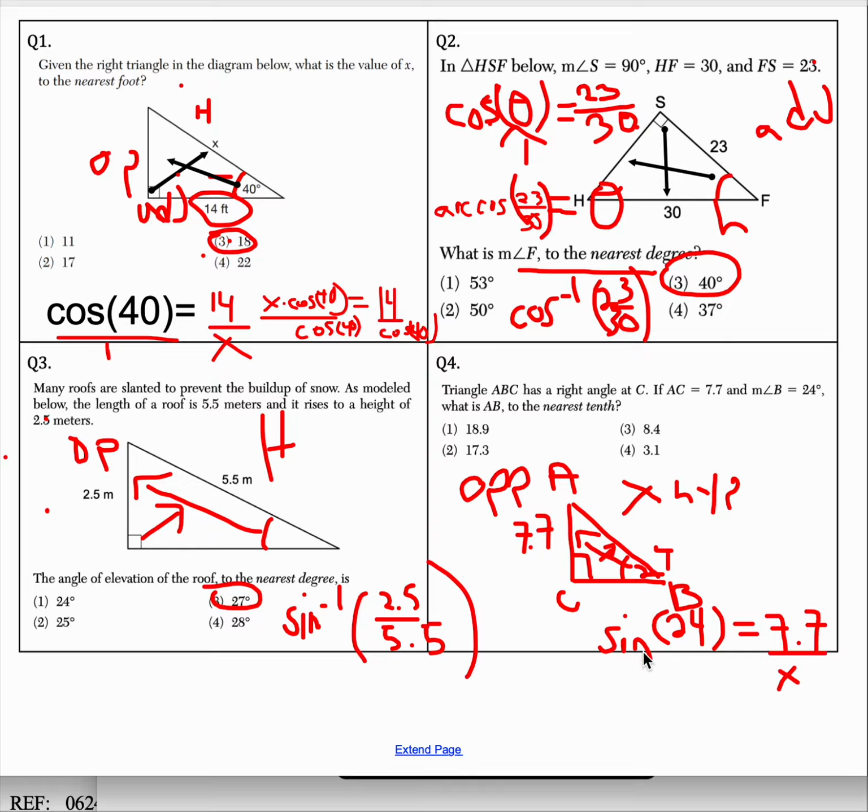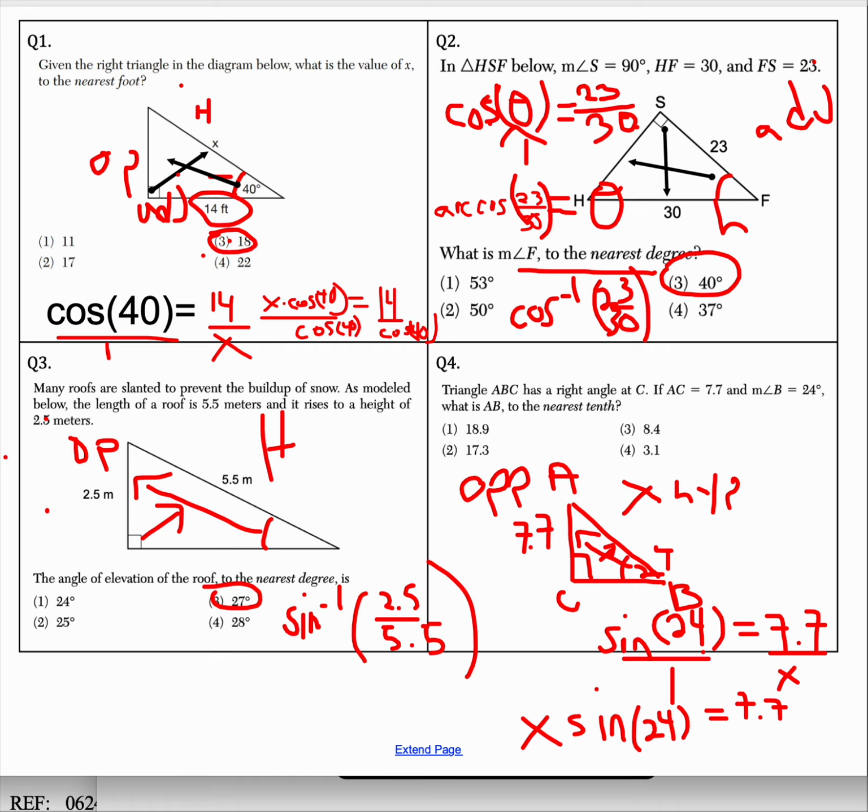So cross multiply, and we get x times sine 24 equals 7.7. Okay.